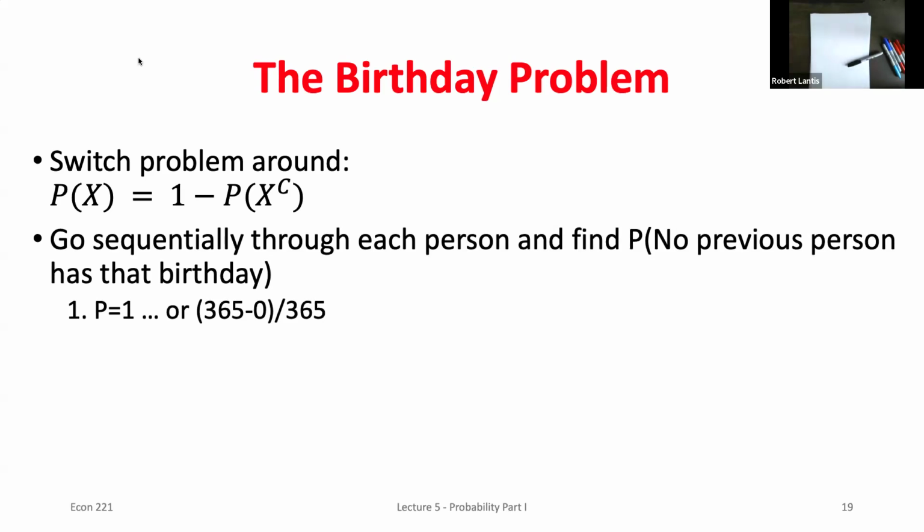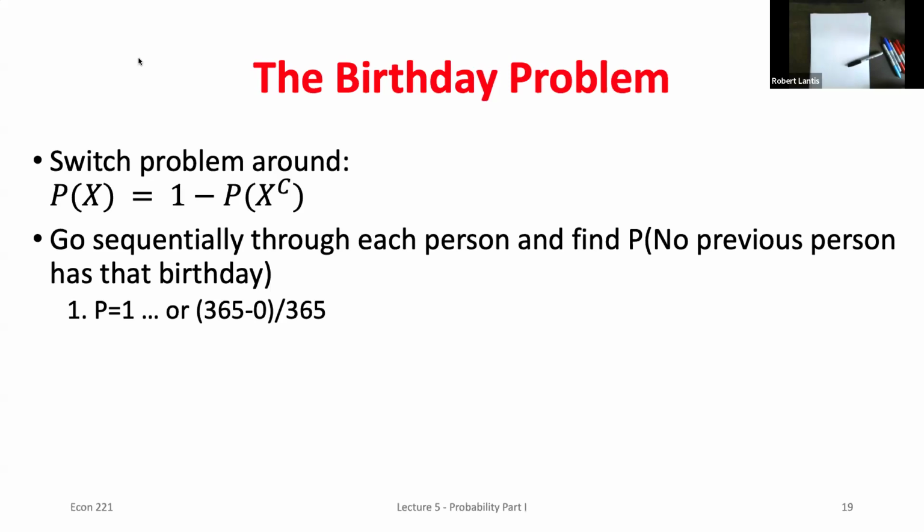If I asked the first person what their birthday was, what's the probability they have a unique birthday, or that no previous person I've looked at yet in this class has that birthday? Well, there's 365 possible days. Any day their birthday's on, the first person is guaranteed to have a unique birthday. What about the second person?